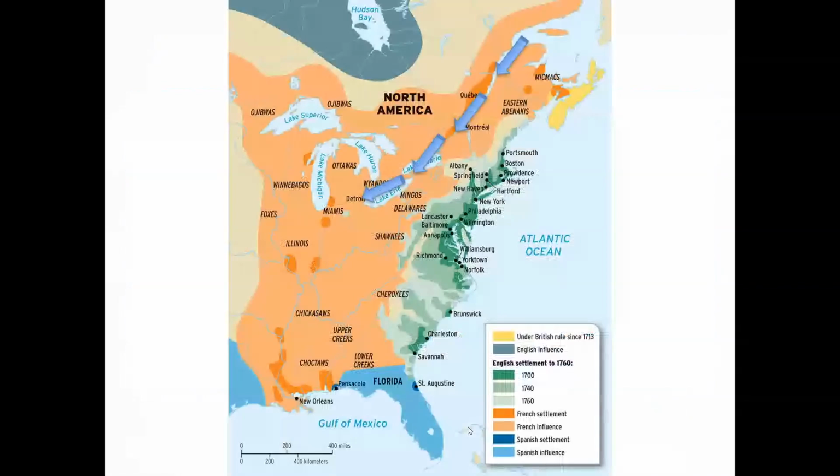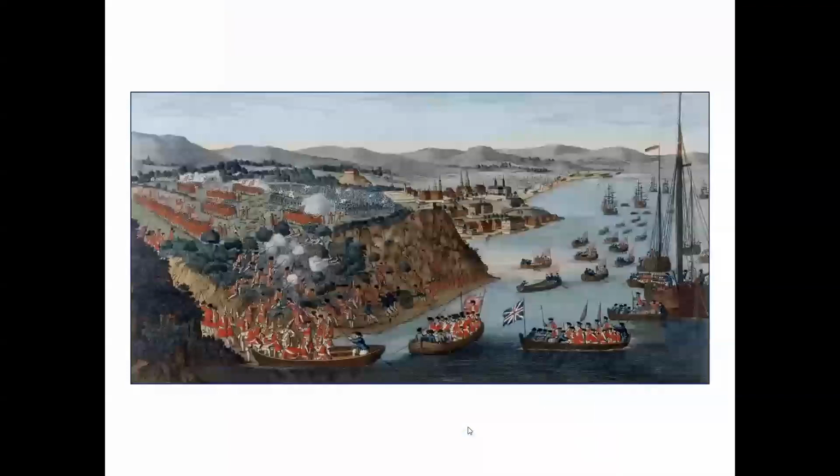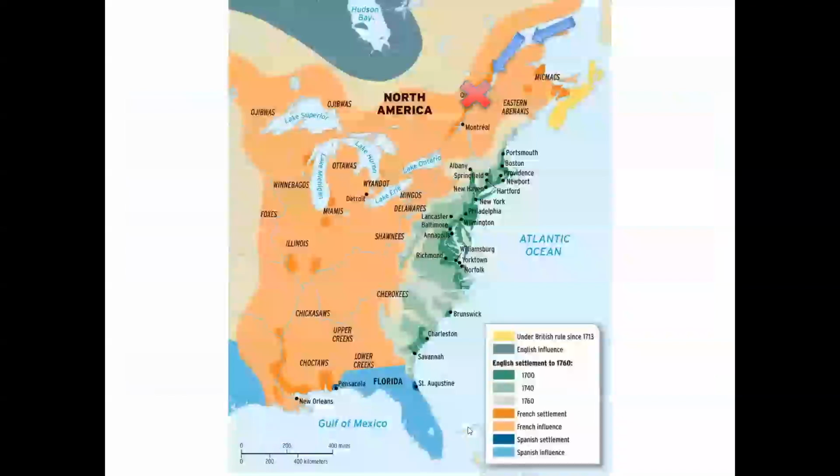And that's a crucial battle because what it does is, if we look at our map of Indian trade routes, those blue arrows showing where the goods would come from France, what happens when Quebec is taken by the British in this really, really clever operation?